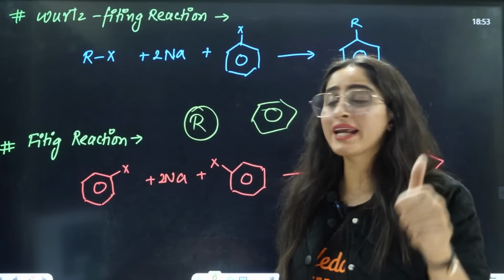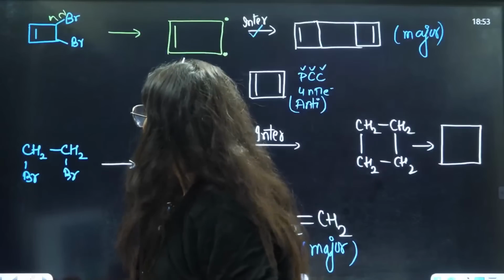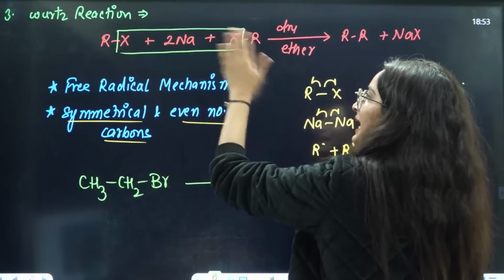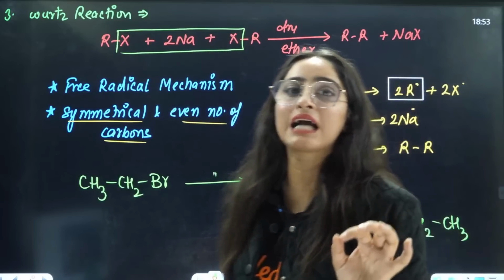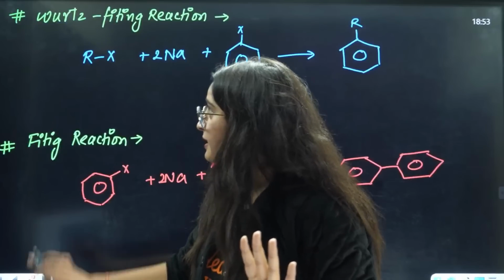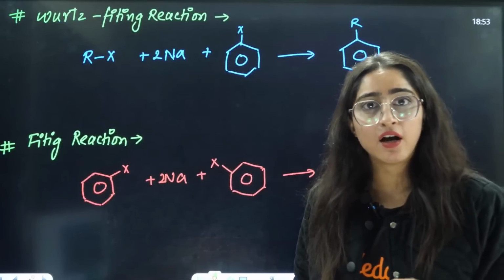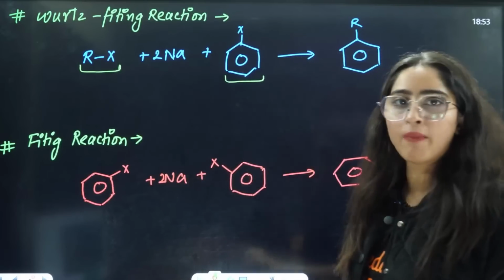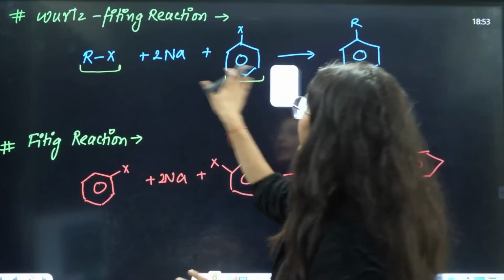Now here you have seen only Wurtz, that means both will be alkyl parts, open simple chains. But when you see Wurtz-Fittig, one will be the alkyl part, the other will be the aryl part. Everything else is going to be the same.